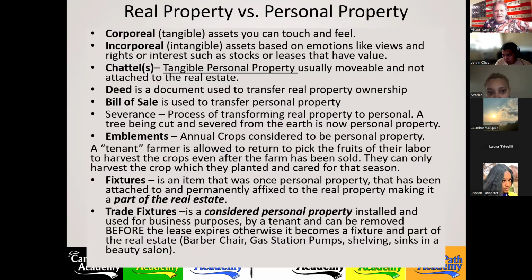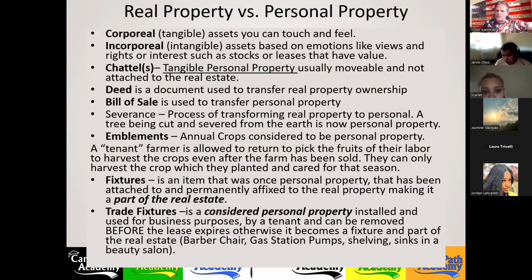Chattel or chattels is tangible personal property, usually movable and not attached to the real estate. A deed is the document used to transfer real property ownership, where a bill of sale is used to transfer personal property ownership.